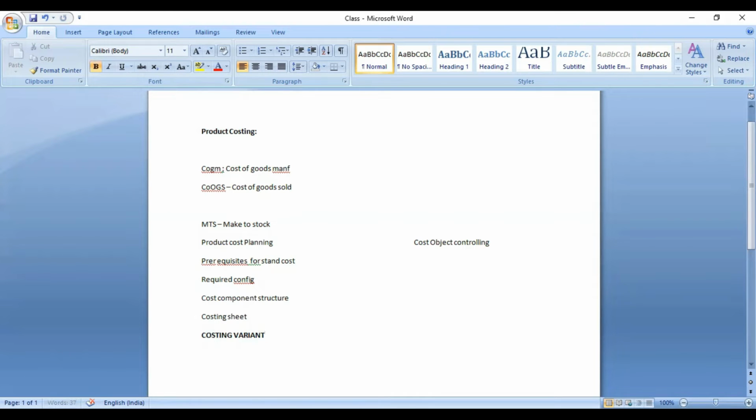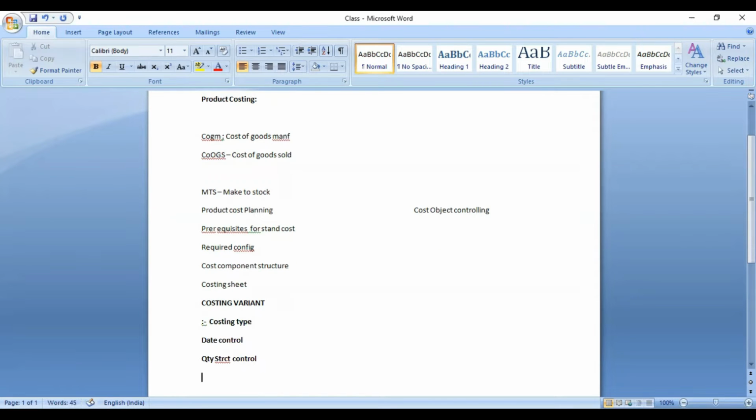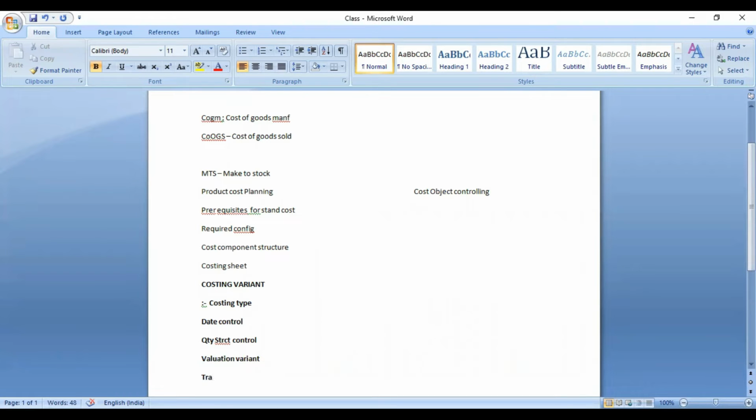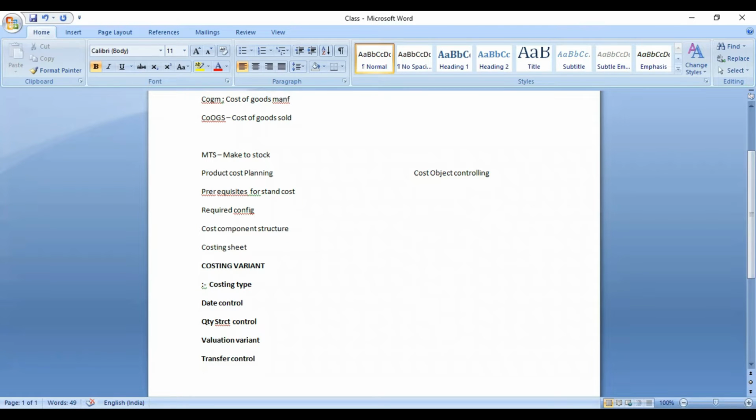Under this costing variant, costing type, date control, quantity structure control, valuation variant, transfer control, and finally reference control.